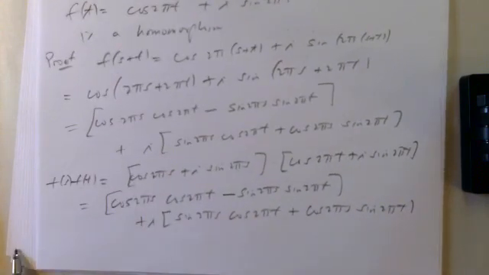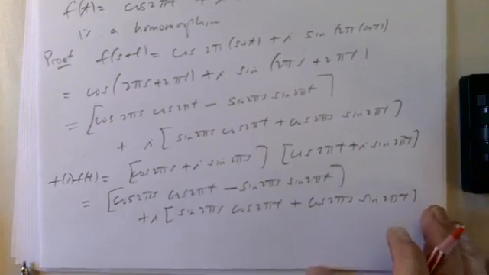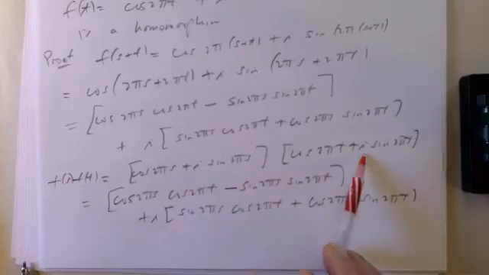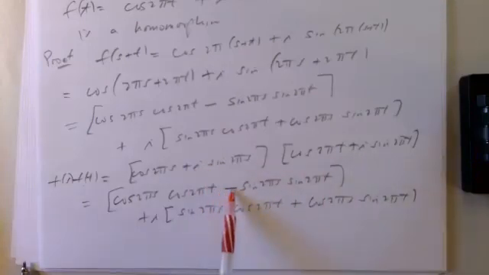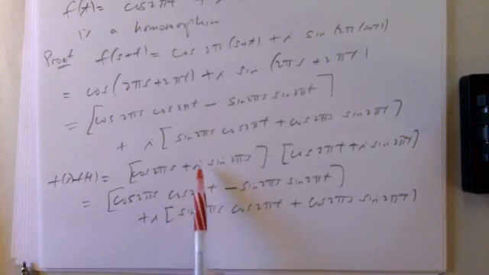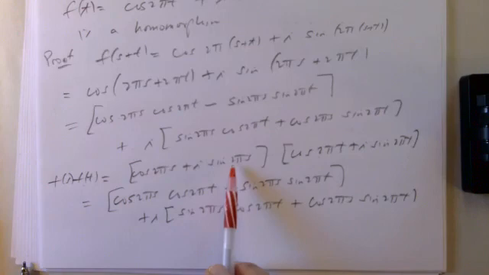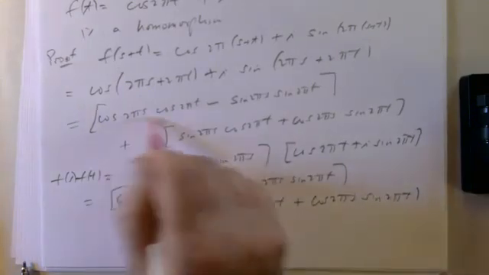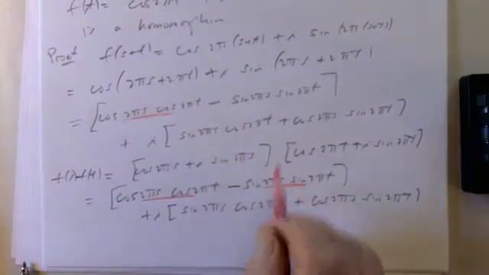And if you look, why is it minus? Yeah, i times i is minus 1. When I multiply this times this, i times i gives me a minus 1 times sine of 2 pi s sine of 2 pi t. So this term is this term, and this term is this term.